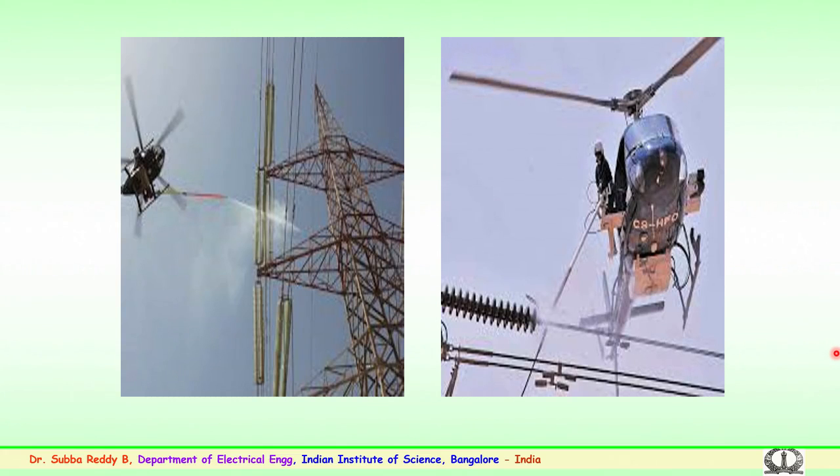These are very important, as mentioned. Proper maintenance before the monsoon is very necessary, else there could be flashover or tripping of the system, which can cause a serious threat to the operation of the power system. So, maintenance and cleaning aspects are very important.